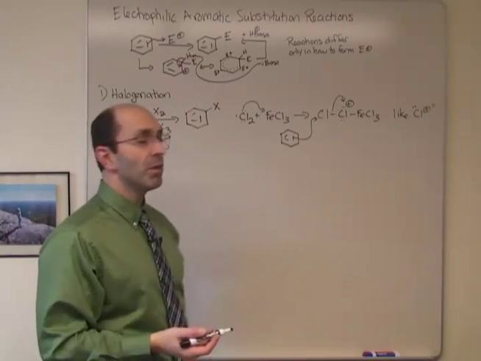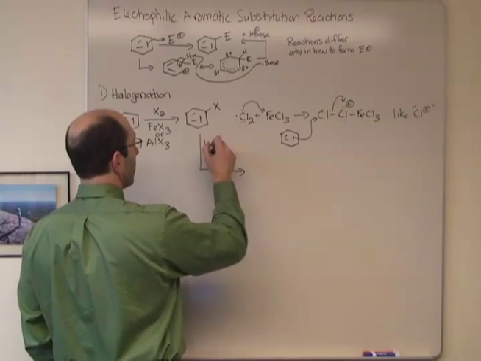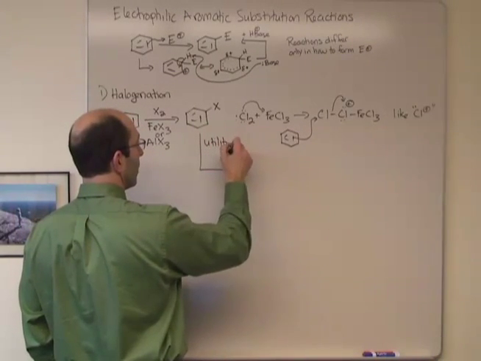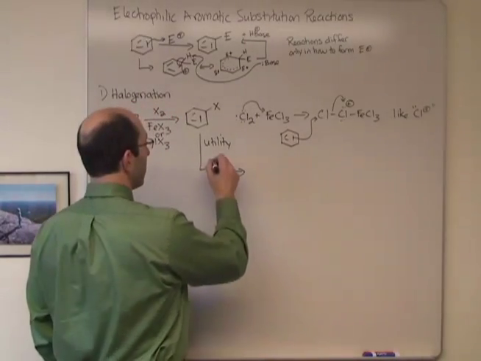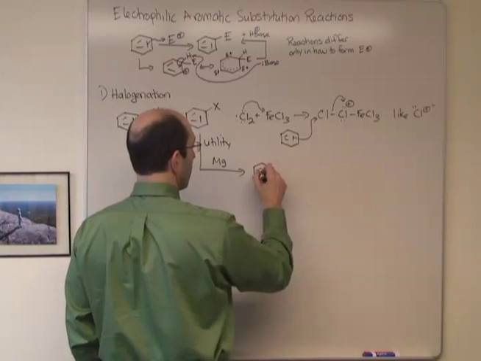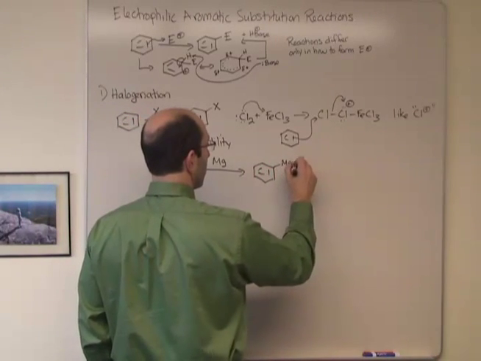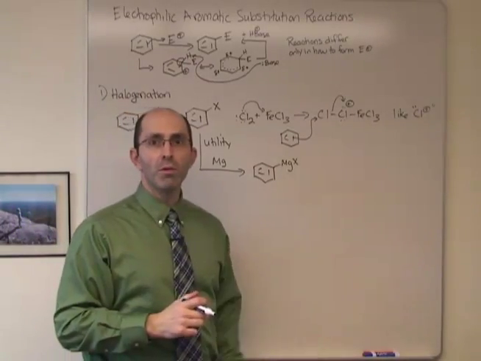The important thing about this, the utility, right? The utility that we already know about is we can add magnesium to this, and this is a really useful way to make a Grignard reagent. So you've taken a benzene ring and you've turned it into a really good nucleophile.